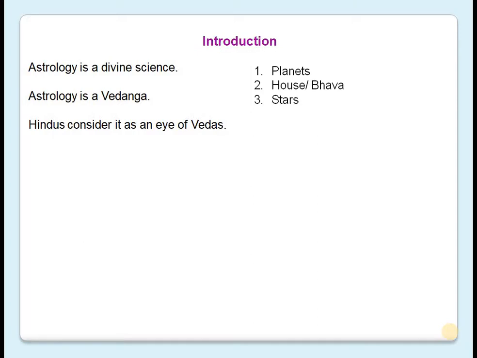Here we are going to deal with planets. Totally we deal with 9 planets, but these are slightly different from solar system planets. First I will tell you what the planets are. Here we consider only Sun, Moon, Mars, Mercury, Jupiter, Venus, Saturn, and Rahu and Ketu.